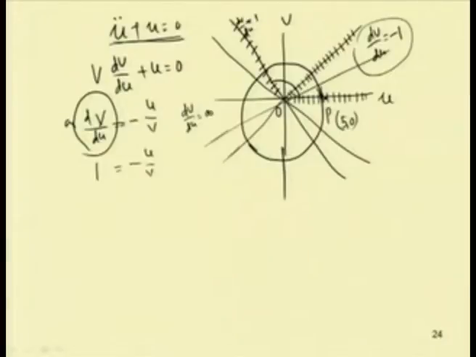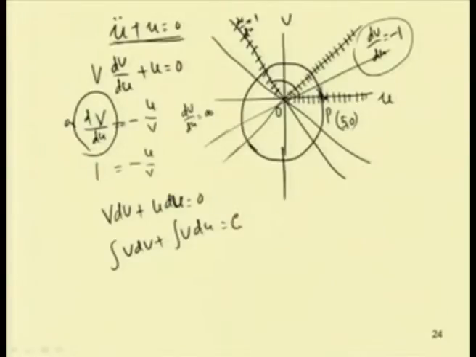So, one can write v dv plus u du equal to 0, and by integrating this equation, one gets a constant.